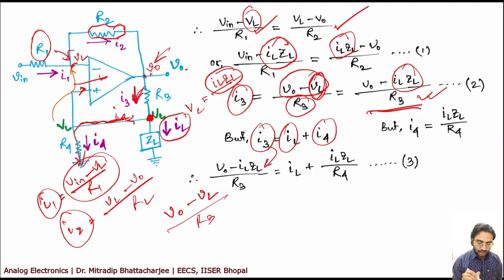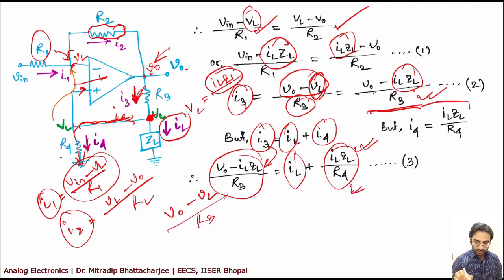Now put the values. I3 is equal to V0 minus IL ZL by R3. This is IL, and I4 is VL by R4. Now VL is IL ZL, so it is also written here. Okay.